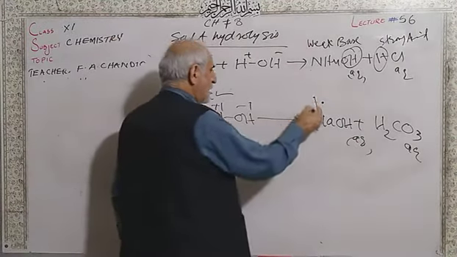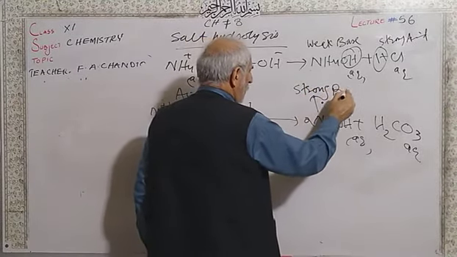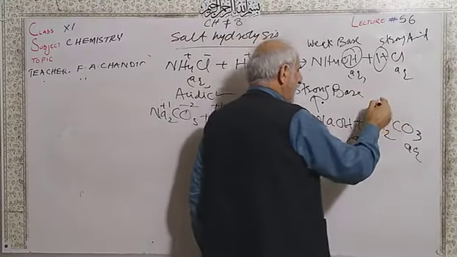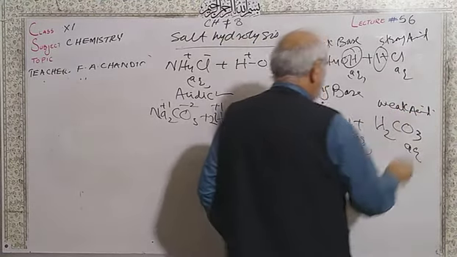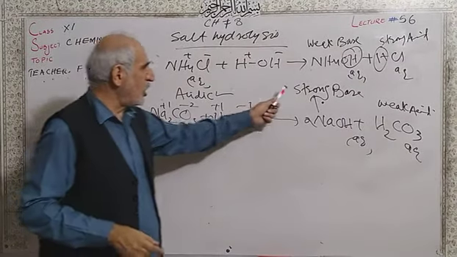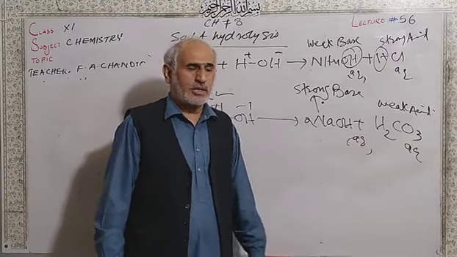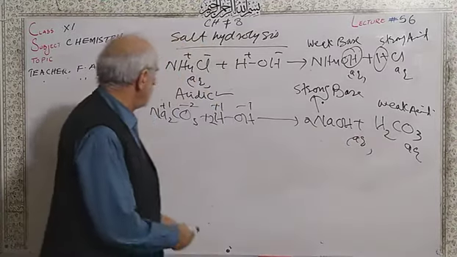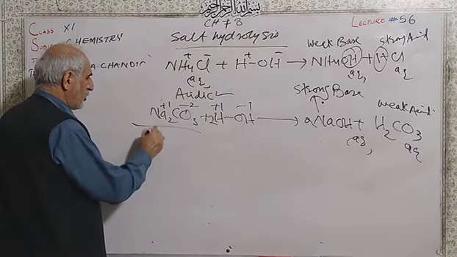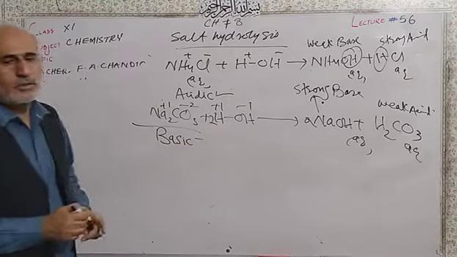So sodium hydroxide, an alkali, is a very strong base. Carbonic acid, carbonate brings a weak acid. So we have the result now. With a strong base, hydroxide concentrations are greater than that of the hydrogen ion concentration, because the weak acid does not dissociate, very small dissociation. So the aqueous solution of sodium carbonate is basic in nature.